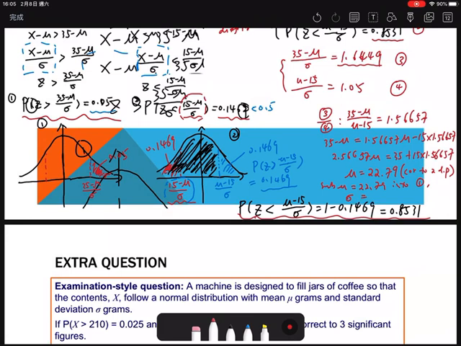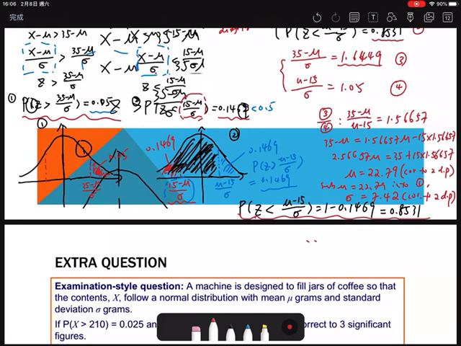So sigma will be (35 minus 22.79) over 1.6449, and it will be 7.42, also correct to 2 dp. So this is the value of sigma and mu.